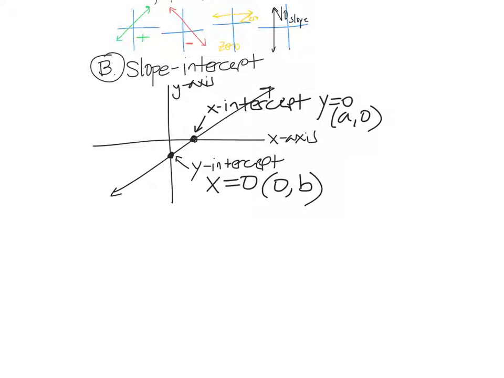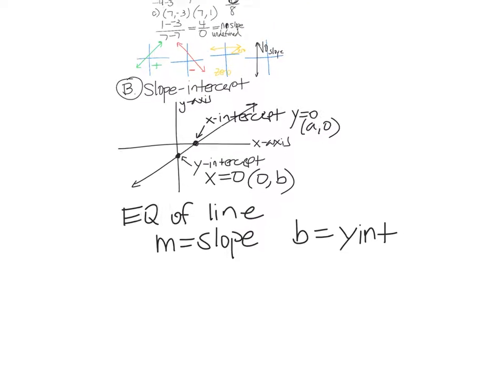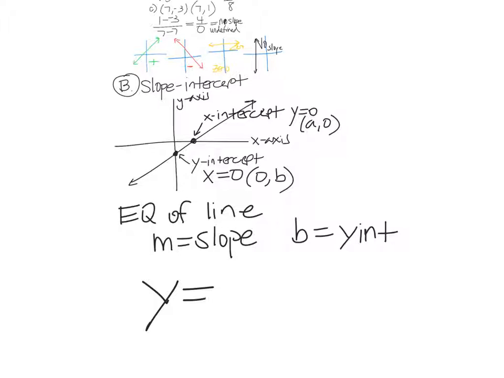All right, so we can come up with an equation of a line. And the equation of the line in slope-intercept form looks like this. If m is the slope, and we can find m by taking 2 points or whatever, or maybe it's given to us, and b is the y-intercept, then we can write the equation of our line like this. y equals mx plus b.